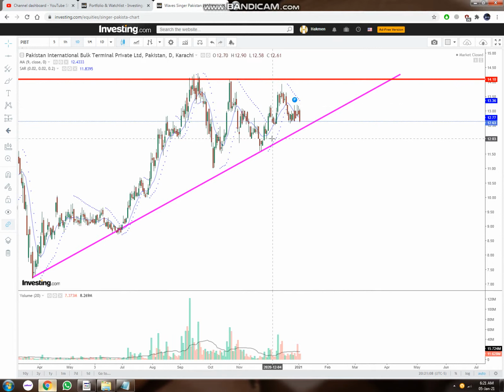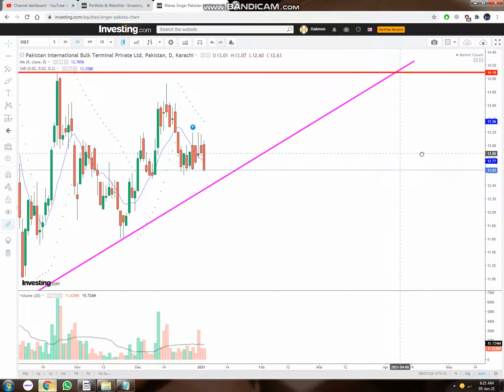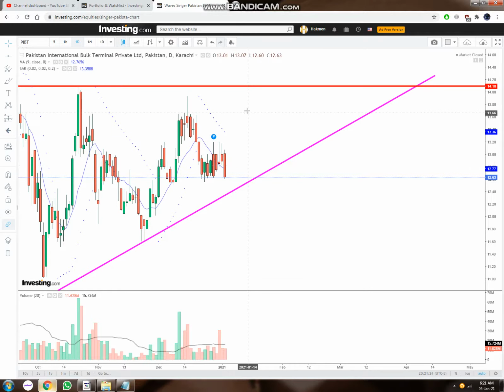So in order to analyze the stock, if you want to buy this type of stock, buy it over here at these levels, when the candlesticks touch this line or are near this line. Buy it over here and wait until it reaches this level, and sell it.